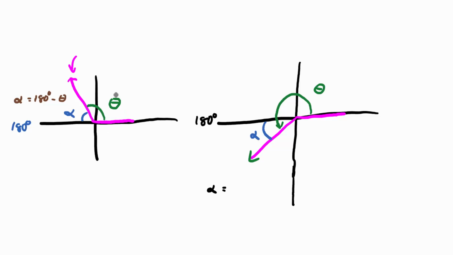The big one of the angles we look at is 180, and that would be the bigger angle. 180 would be that angle right there. Here the big angle is actually theta, because theta is bigger than 180. So if you wanted to find alpha, what could you do?